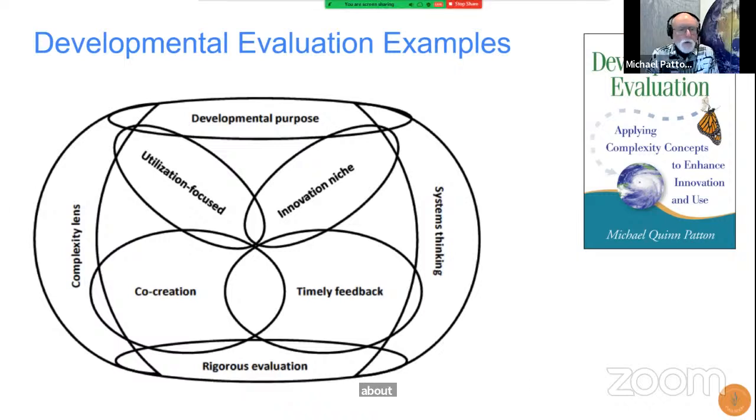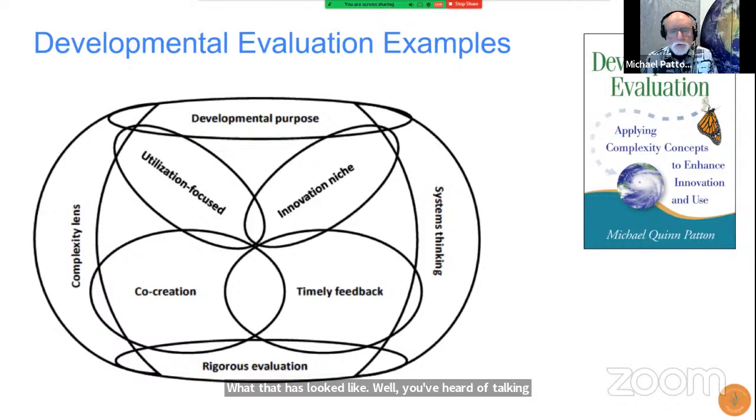Well, you've heard us talk in other webinars we've been doing around developmental evaluation that early in the pandemic, we said that all evaluators had become developmental evaluators because we were all having to adapt both programs and evaluations to COVID.